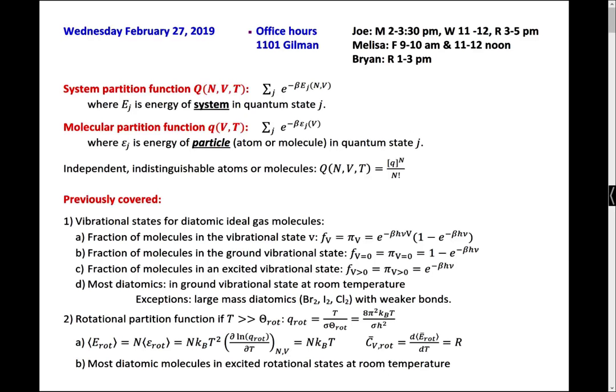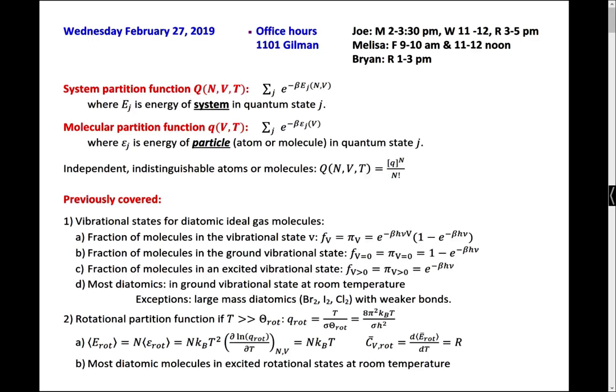The last time we met, we were talking about vibrational partition functions, and we saw that we could predict the probability of being in a particular vibrational state. So we've derived the expression for the fraction of molecules in a specific vibration state. And then we also wanted to show that at room temperature, most of our molecules that are diatomics are going to be in the ground vibrational state.